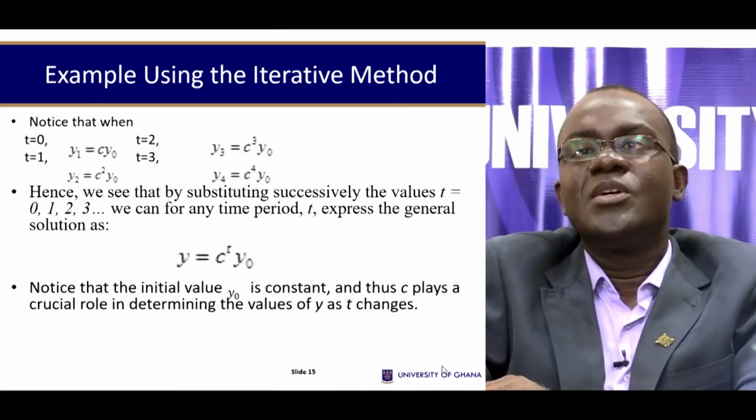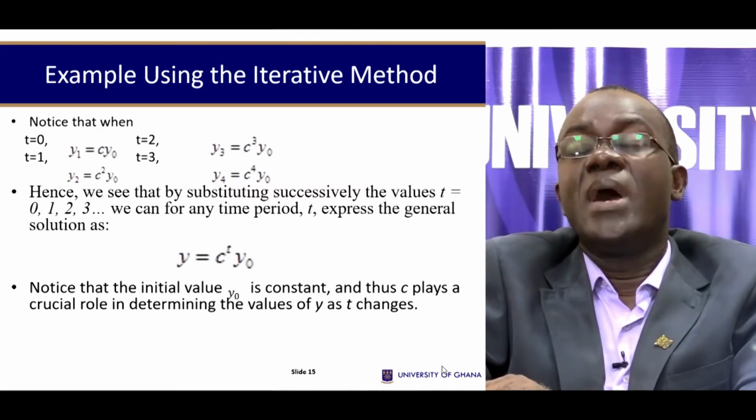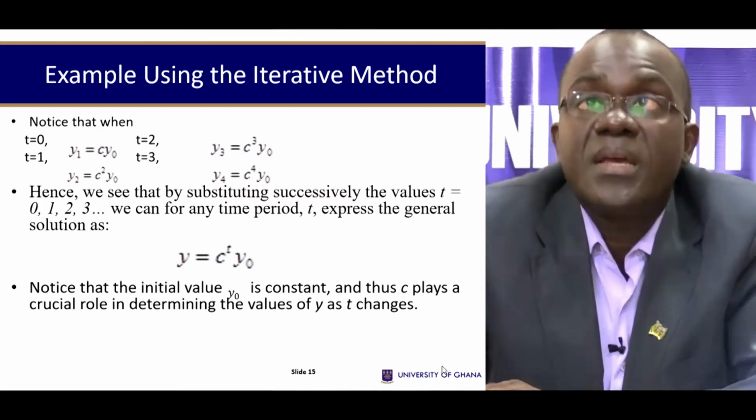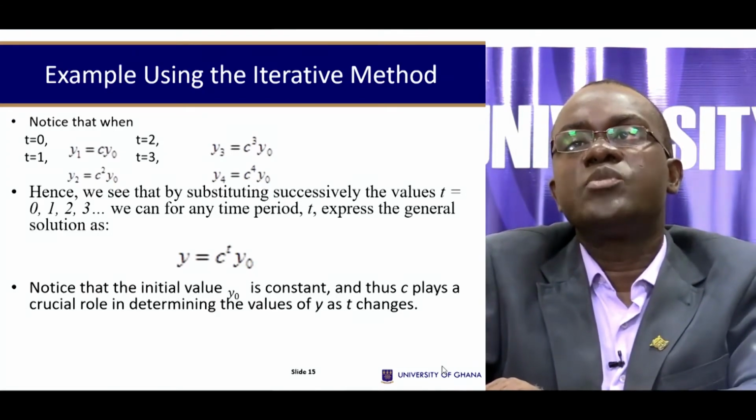And from here, you can see that when t is equal to 0, we had some values over here, and it goes on, and we can generally have the solution that y is equal to c raised to the power t y0. When t is equal to 0, sorry, these ones should be shifted up. When t is equal to 0, y1 is equal to c y0.